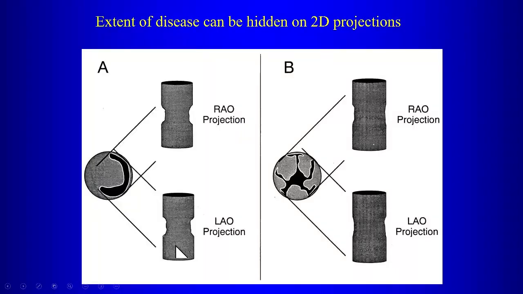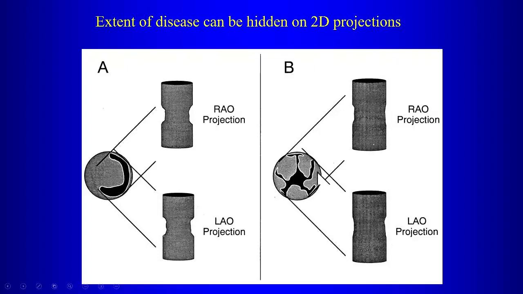be deceiving. So if you have, let's say, a very complicated plaque like this, right? When you're looking at two-dimensional projections of this, it can be hard to tell how severely stenosed this vessel is, because all you see is the contrast, and you'll see the contrast around that, and if you happen to get those two views, you're severely going to underestimate the degree of stenosis here.